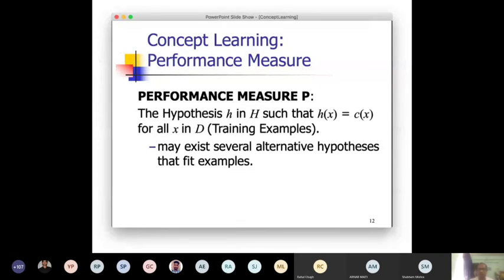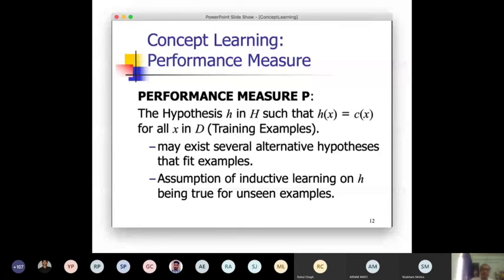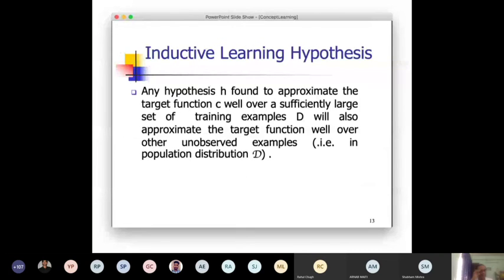Those possibilities are not there, but there are still several alternative possibilities. We'll be explaining them with examples. And we have an assumption of inductive learning, on H being true for unseen examples. This is the basic assumption.